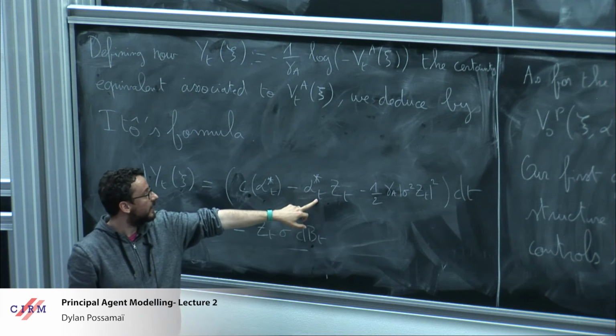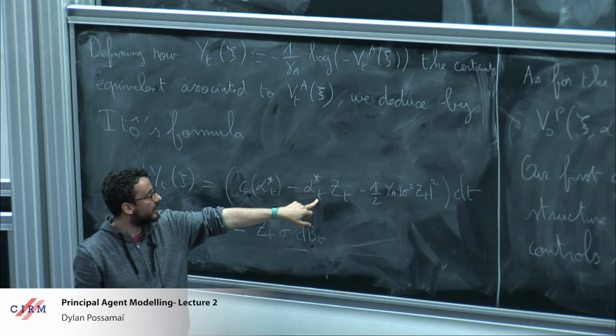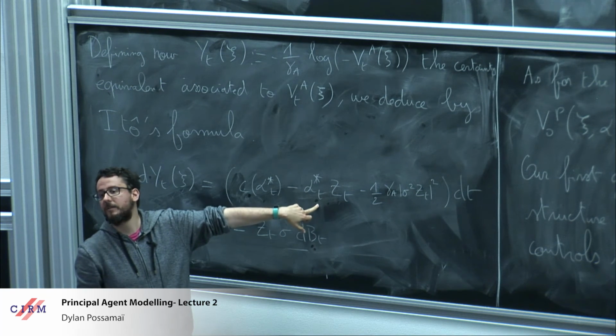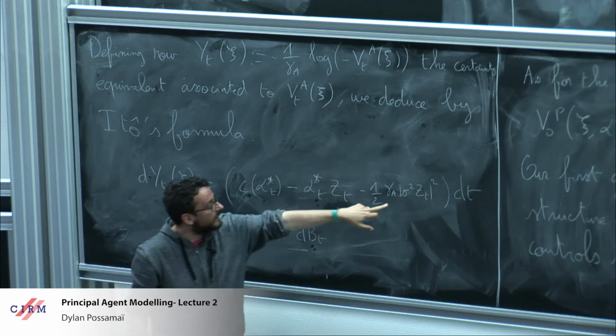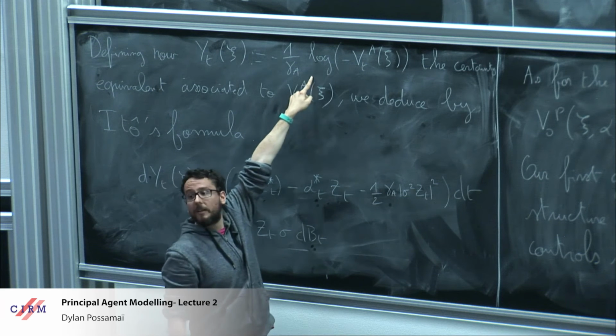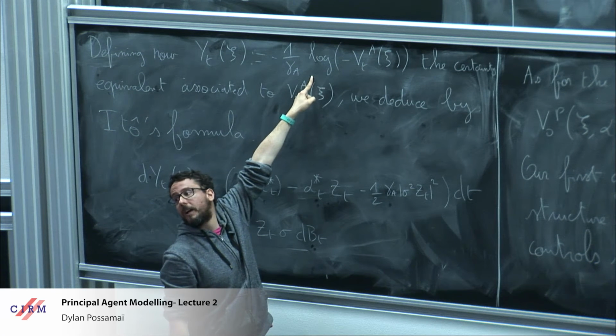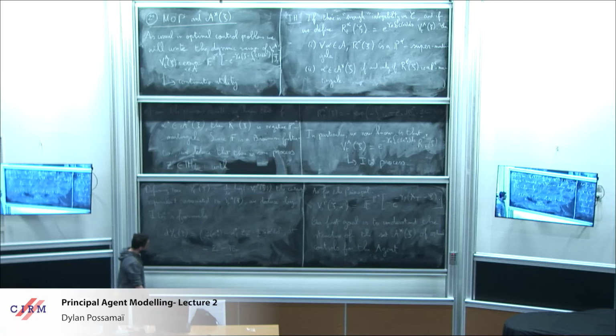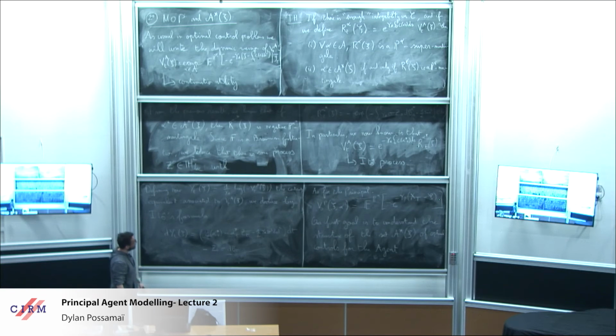This one here is the one that comes from the fact that I was under B alpha star and then I moved back to B, so that's the drift term that was missing. And this one here is the quadratic variation term that appears when I apply Ito to the logarithm here. Okay? I hope my signs are correct. I think they are. So basically I can prove this.